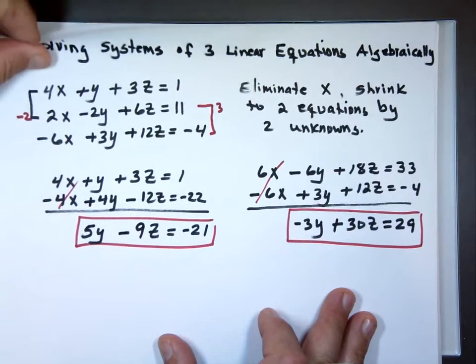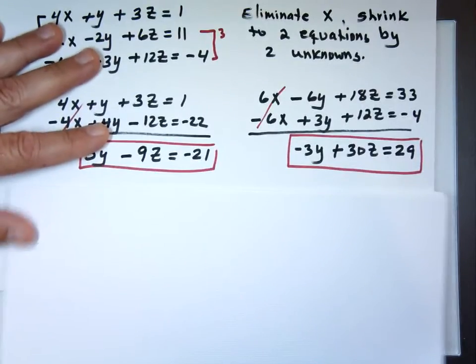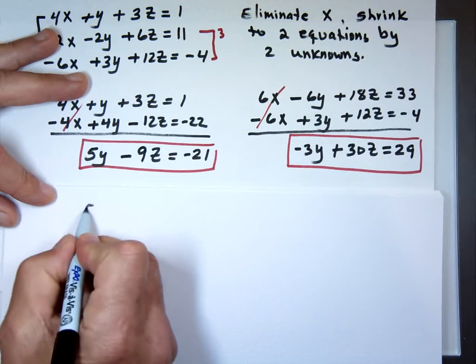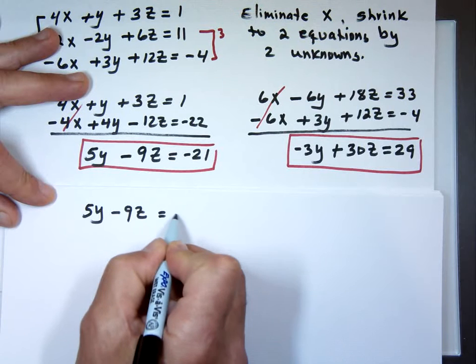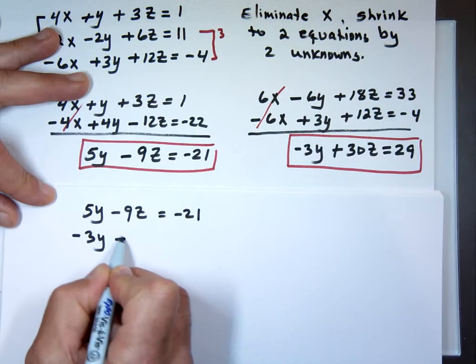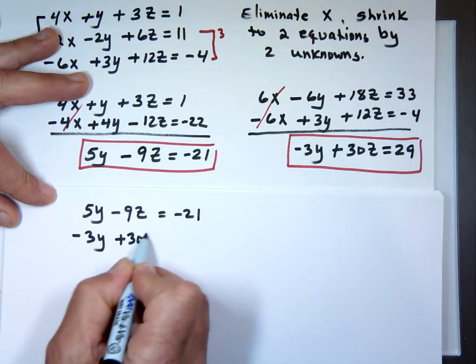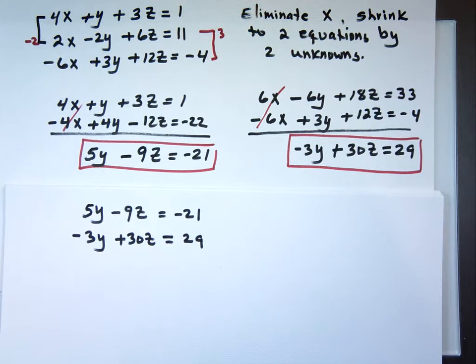So I can take them, because that sheet is almost full. I put them on a new sheet of paper. I go, okay, this is what I have right now. And solve them any way you want.